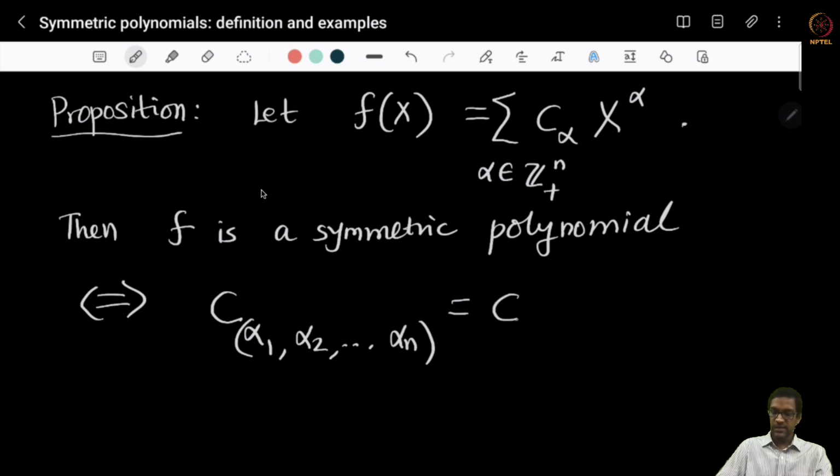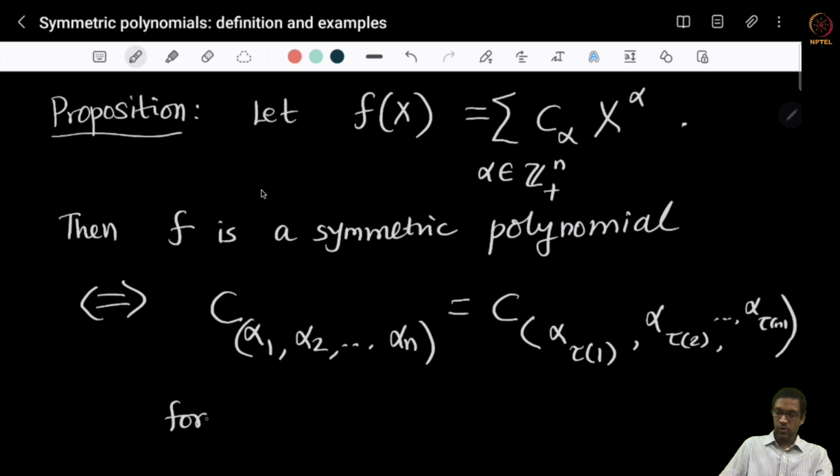This is the same as the coefficient of the monomial where in place of alpha 1 I have some other alpha, some permutation of these n numbers. So instead of alpha 1 I have alpha tau 1, instead of alpha 2 I take alpha tau 2, and so on, alpha tau n, where tau is some permutation of the numbers 1 through n.